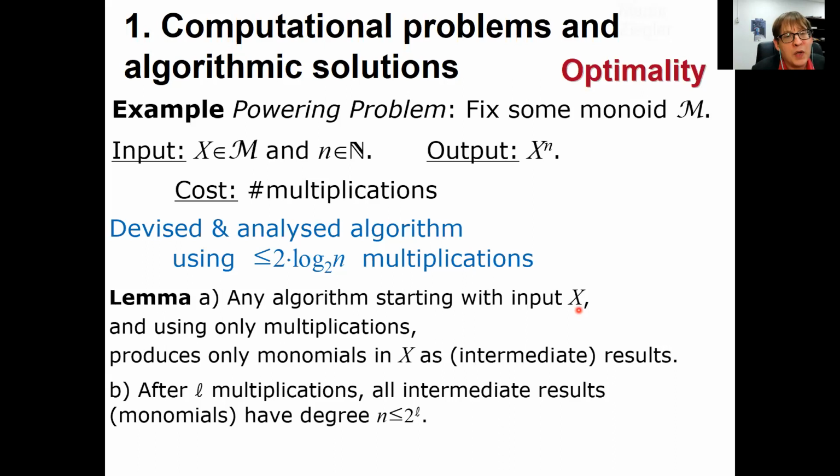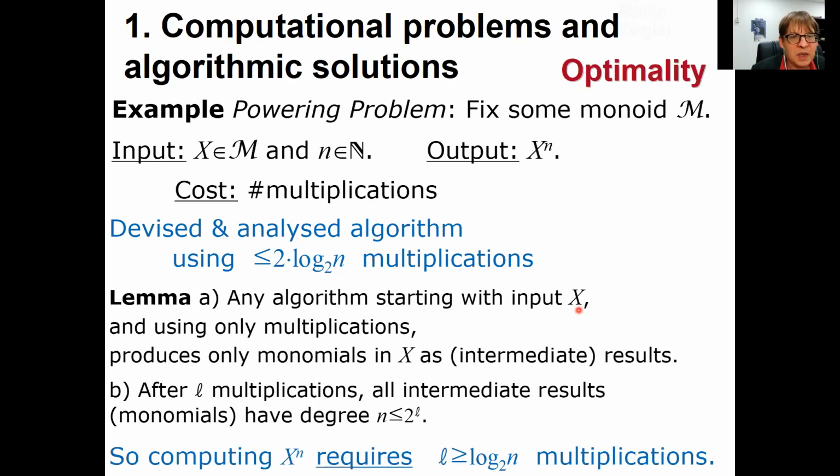Multiplying 2 monomials of degree at most 2 to the L results in a monomial of degree at most 2 to the L plus 1, which is the claim we want to prove in the induction step. After L plus 1 multiplications, all intermediate results will be monomials of degree at most 2 to the L plus 1. That completes the induction step.